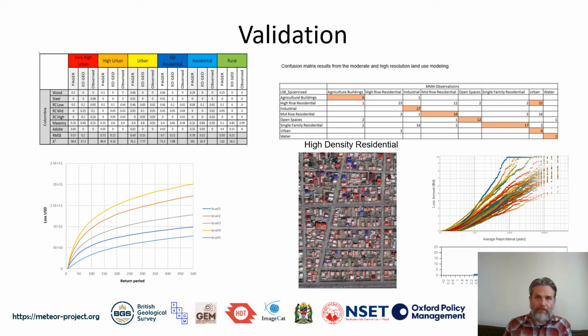Now, validation. There's lots of things that you can do for validation, and they're all pretty time-consuming, and they all take some expert analysis. You can go through and use street view data to do your own independent assessment of the structural types, for example.